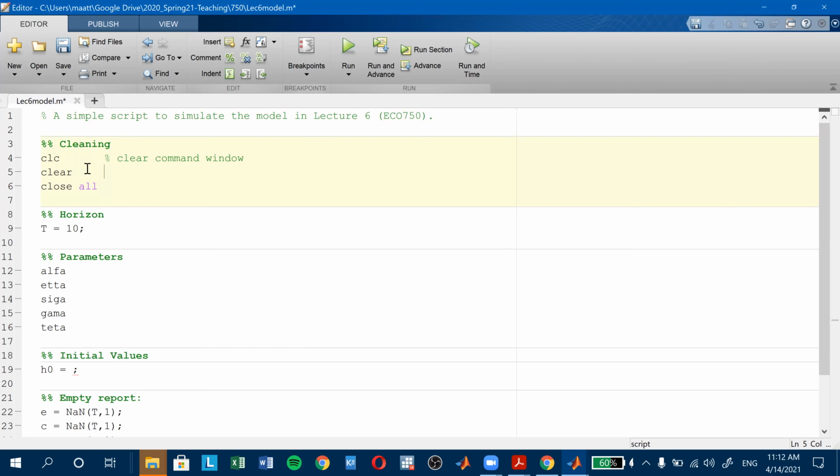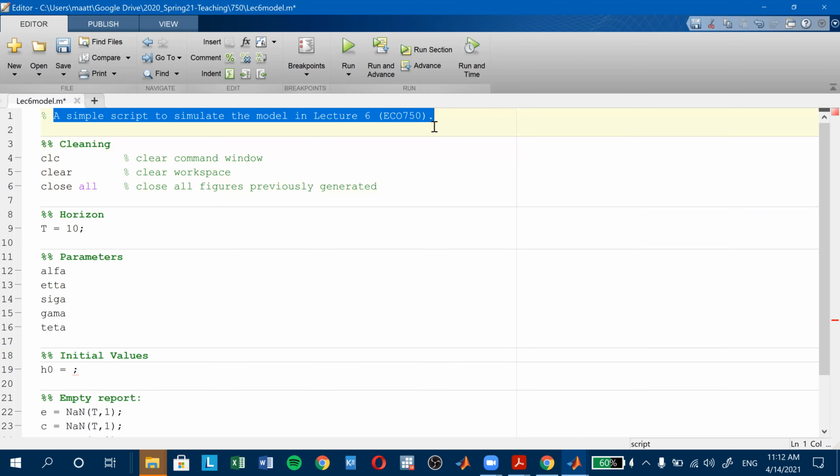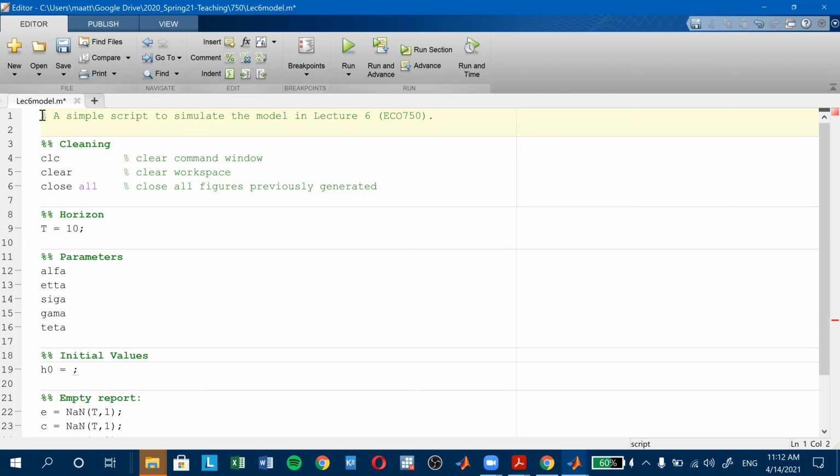This is to clear the workspace. And this is to close all figures previously generated. As you see, I use the percent symbol for comments. One percent symbol in MATLAB creates a comment. Two symbols create a section.